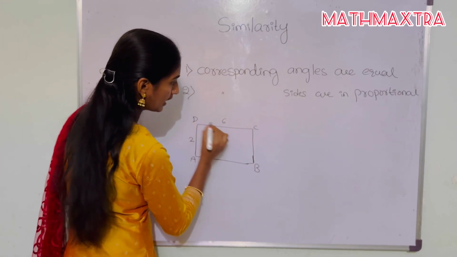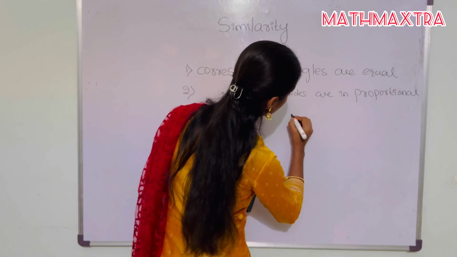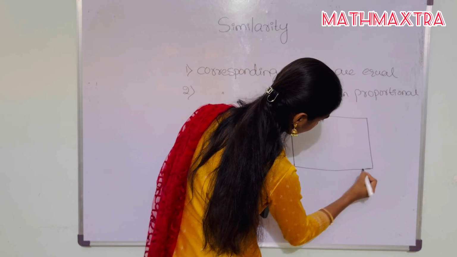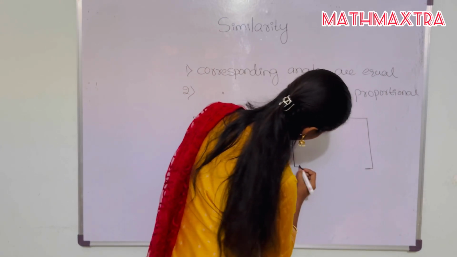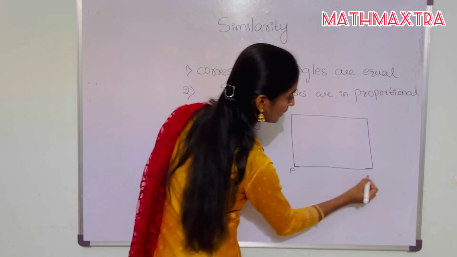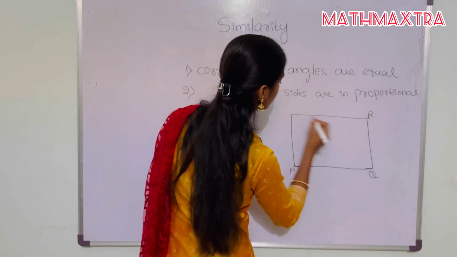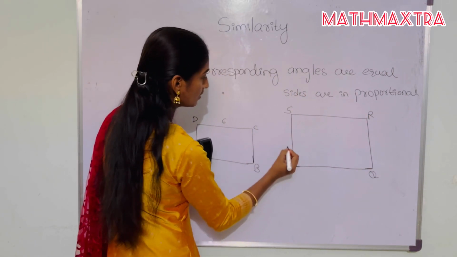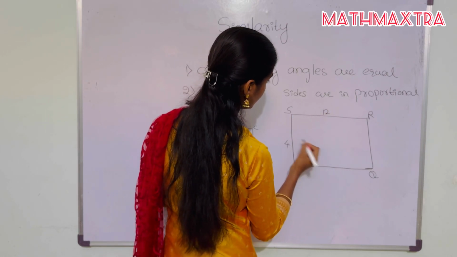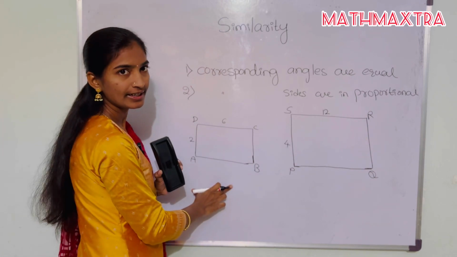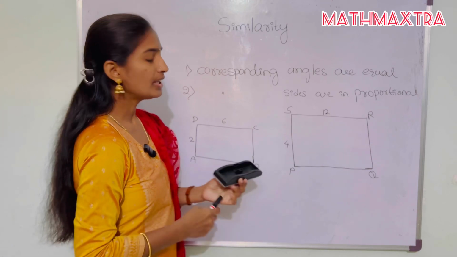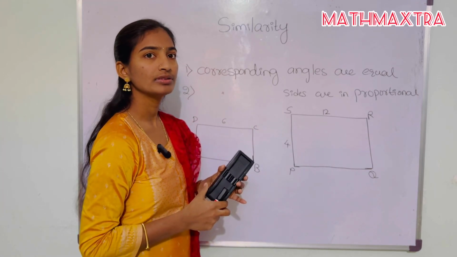And I am considering one more rectangle which is also a polygon, P, Q, R, S. Now this width is 4 and this length is 12 centimeters. So this is ABCD rectangle. This is PQRS rectangle. Now tell me whether these two rectangles are similar or not.